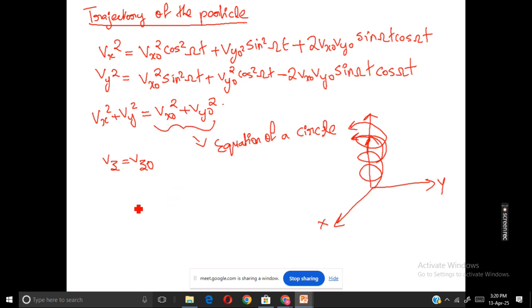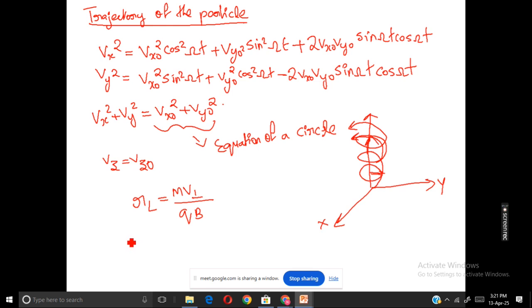Now if you want to find the radius of the circular motion, it is given by RL is equal to m v perpendicular by q B. This is the radius of the circle that the magnetic field is creating in the xy plane.